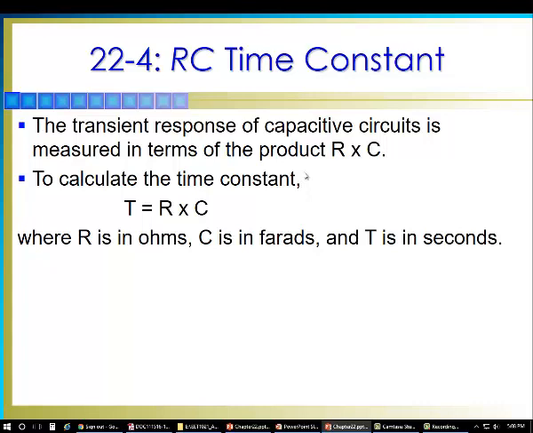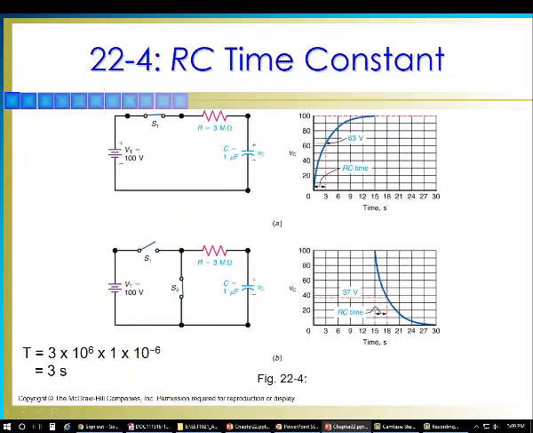So to calculate the time constant on a capacitive circuit, we multiply the resistance times the capacitance. Of course the resistance must be in ohms and the capacitance in farads, and the result of that product will be the time constant, expressed in seconds.